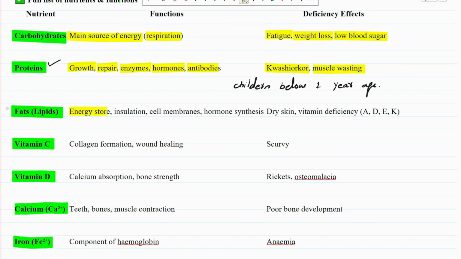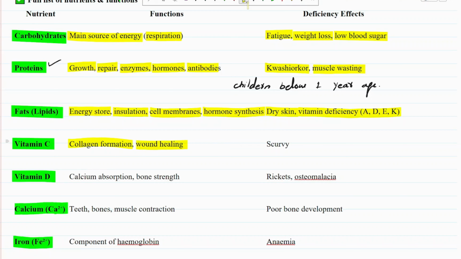Fats: energy store, insulation, formation of cell membranes, hormone synthesis, etc., are the needs of fats or lipids in the body. And what will happen if it's deficient? Dry skin, and deficiency of vitamins A, D, E, and K could happen if fats are limited or not present in sufficient amounts in the body. Similarly, vitamin C forms collagen in the body. Collagen is a major component of your skin. Wound healing also depends on vitamin C availability.